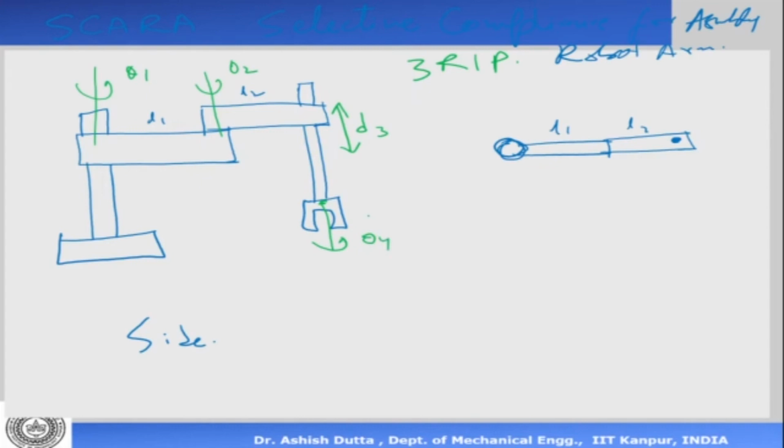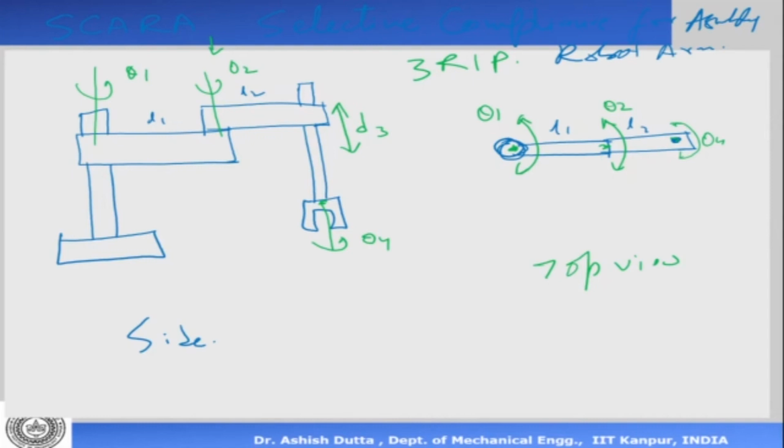Now when I look at it from the top view, the top view is like this. So this is my theta 1, this is my theta 2, and D3 is perpendicular to the plane, so you can't see it, and similarly theta 4 is down there at the gripper. Okay, so if you look at this top view, it appears like a 2-link manipulator only.